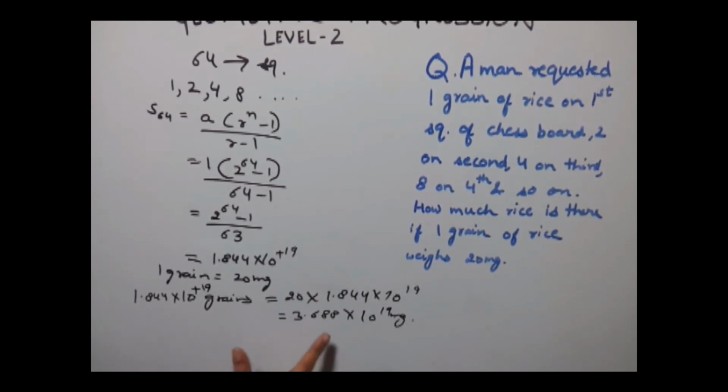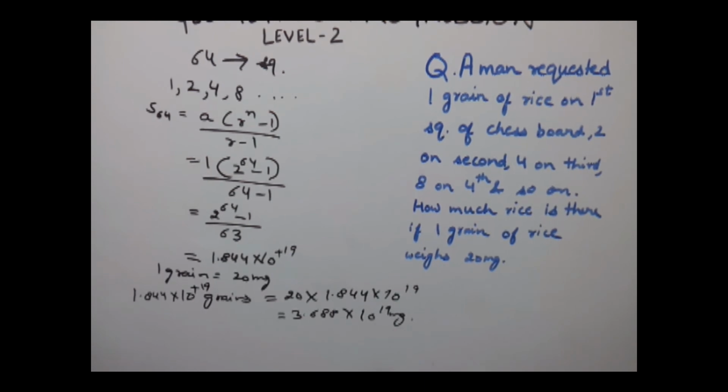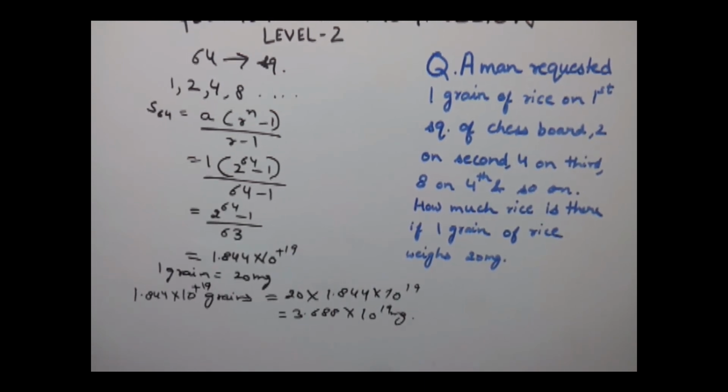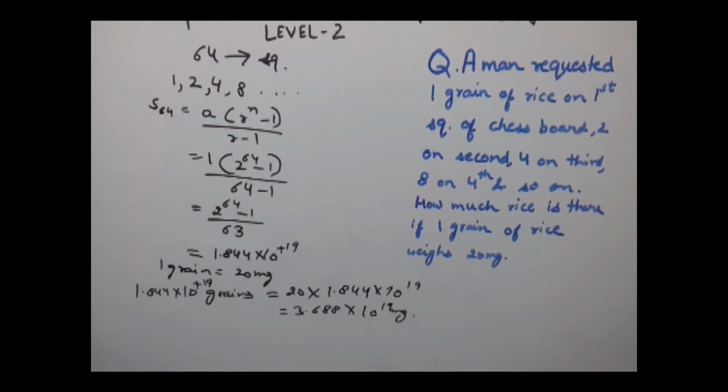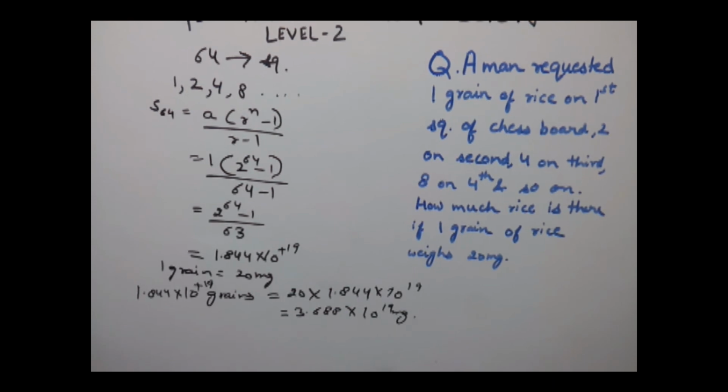You can convert this figure to kilograms or grams as per the question. As there is no mention in the question of whether they need the answer in milligrams, grams or kilograms, we have left this in milligrams only.